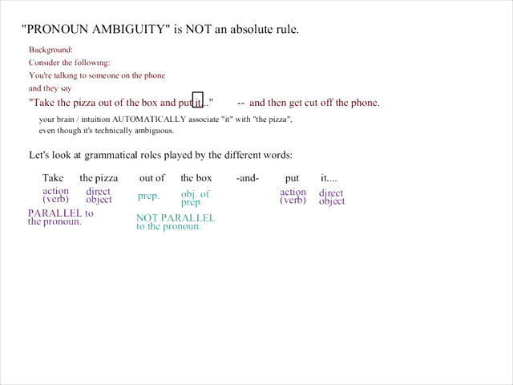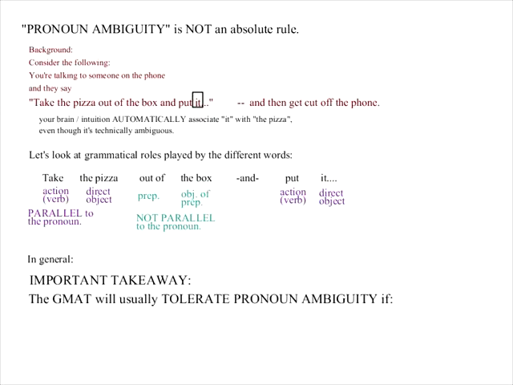So now here's the difference. There's one more consideration, which is that sometimes the context is obvious and sometimes it's not. But in general, here's your lesson. Here's your big takeaway that's super important here. The important takeaway is that the GMAT will usually tolerate pronoun ambiguity if, number one, the context is obvious, which is the one shortcoming of the pizza example.